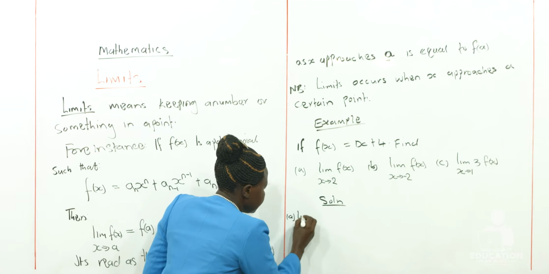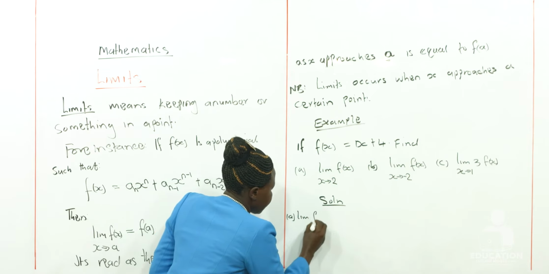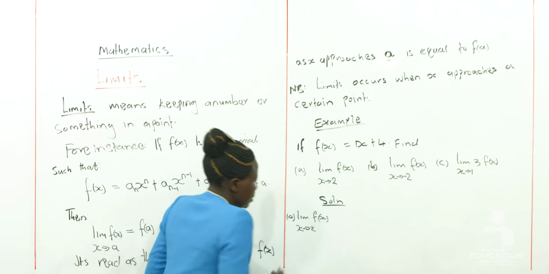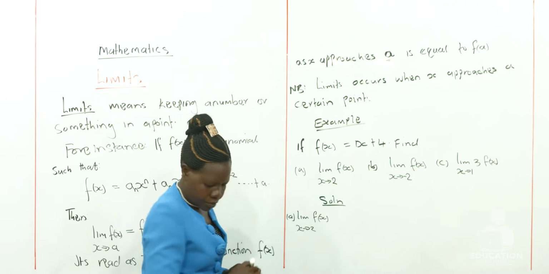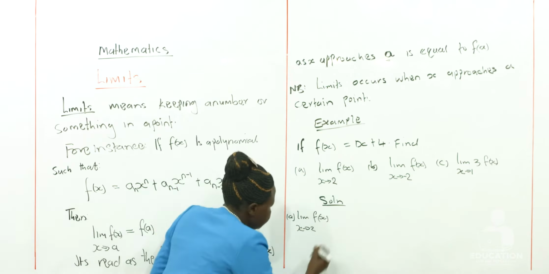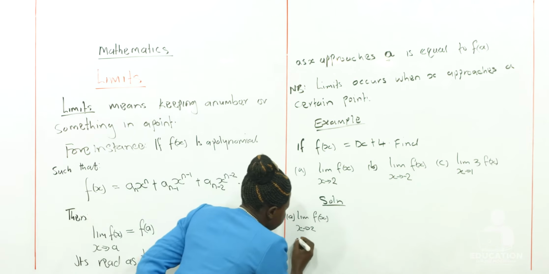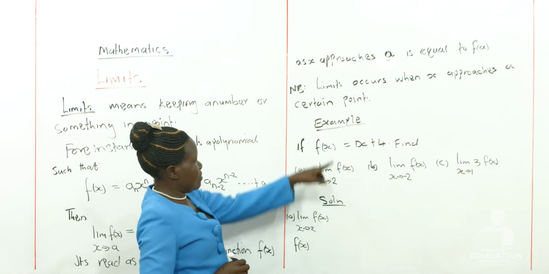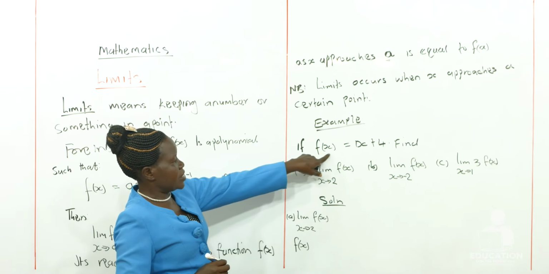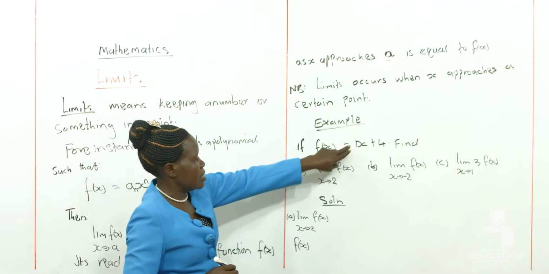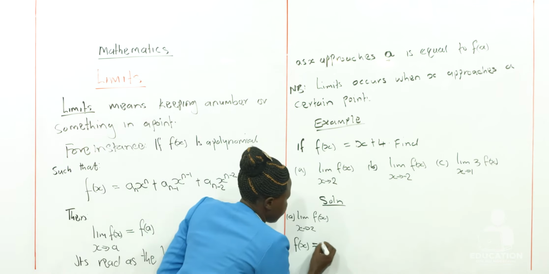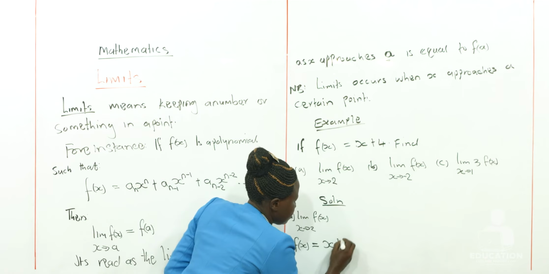A, lim of function x when x is approaching 2 will now be my f. What is your f? Your f(x) is given as x plus 4. So you state your rule, that is x plus 4.